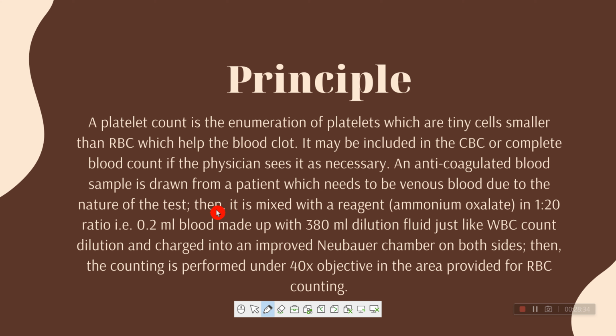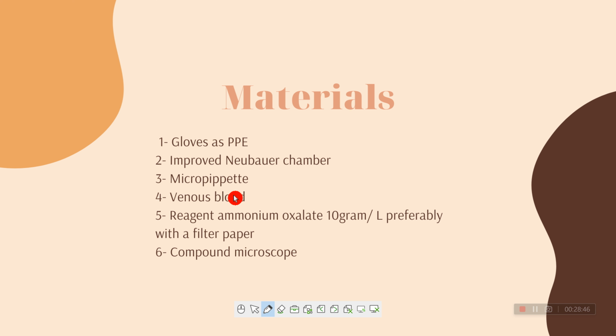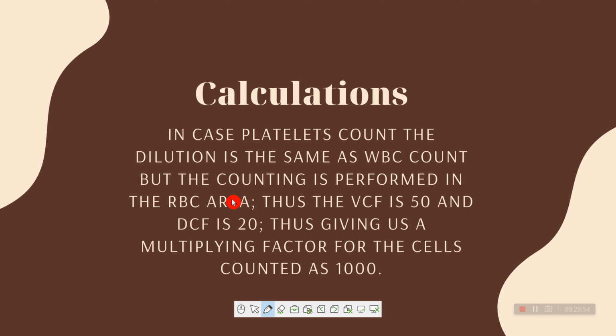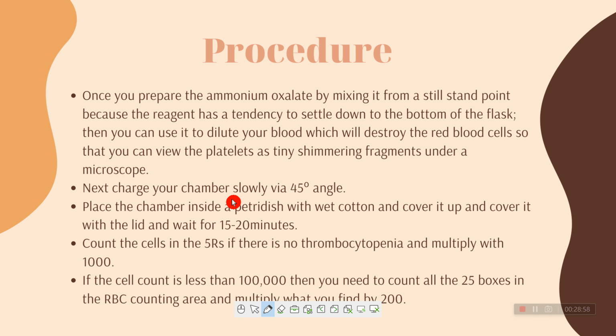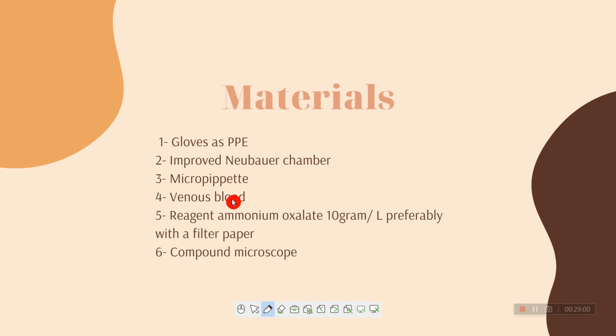It is mixed in the ratio of 1:200. 0.2 ml blood is mixed with 3.8 ml dilution fluid, and then the Neubauer's chamber is charged, and after charging, the cells are counted in the mid chamber of the Neubauer's chamber.